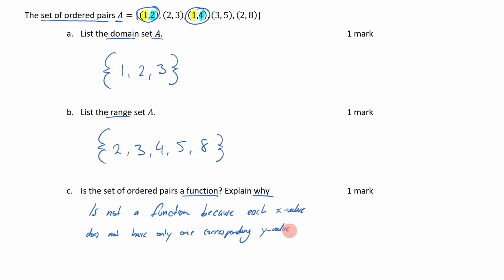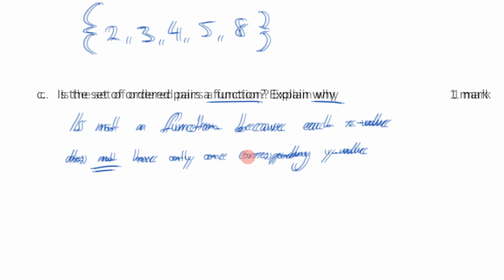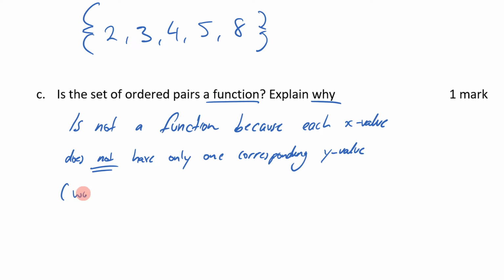Let's read that back to ourselves. Is not a function because each x value does not have only one corresponding y value. So if you'd like to as well, you could say would not pass the vertical line test.